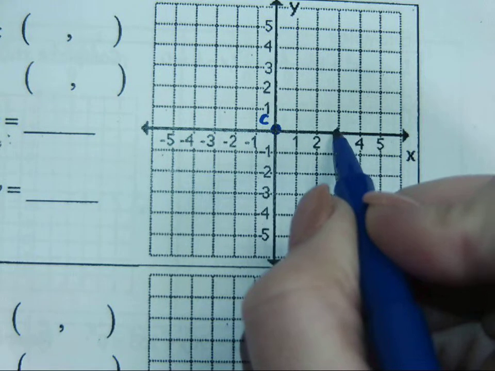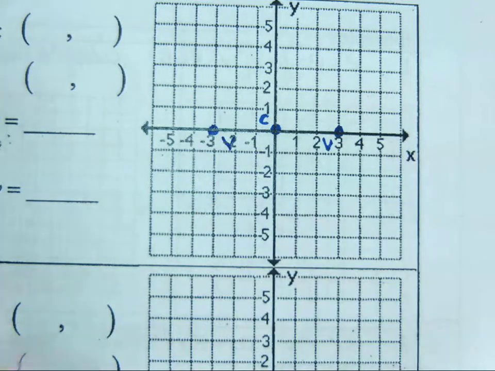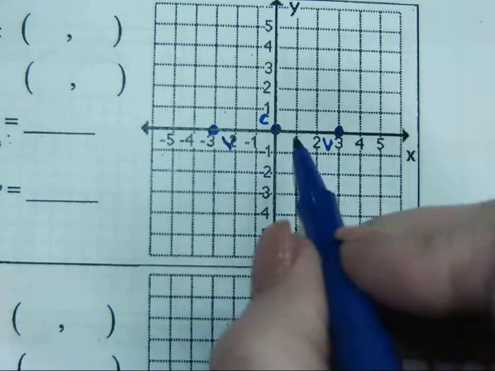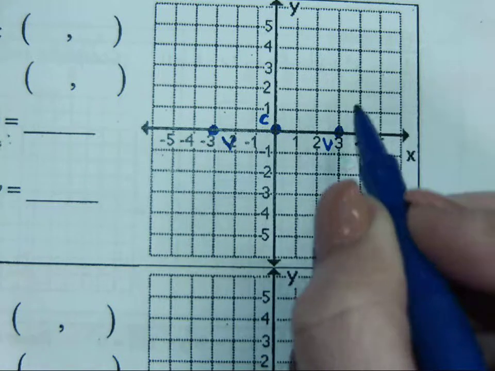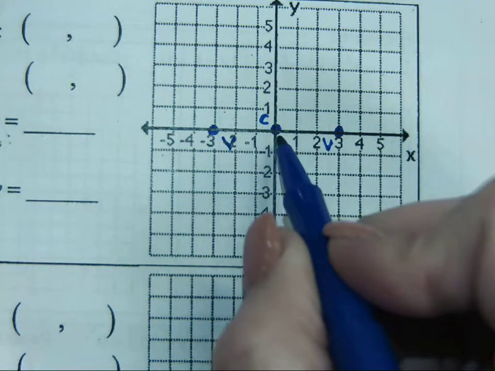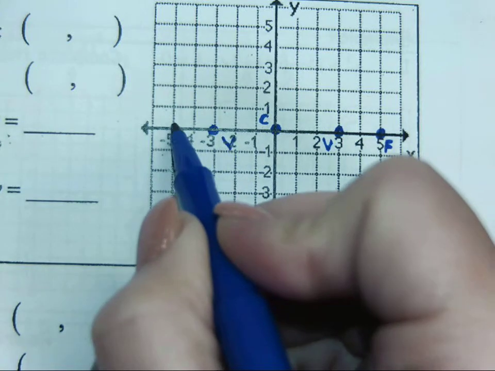So I'm going to put a vertex here and a vertex here. And then my foci are farther inward. They're a farther distance away. And your vertex always opens up and kind of hugs your foci. So my focus is actually just farther.